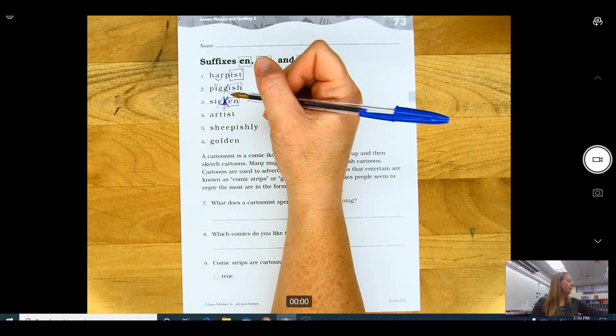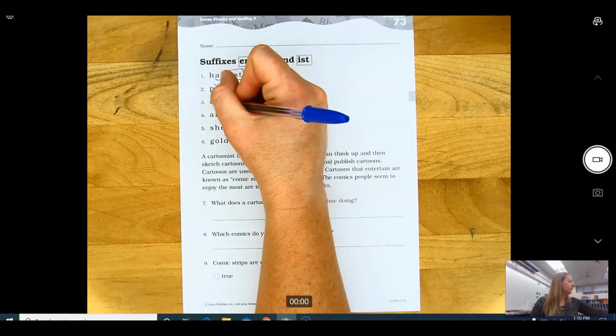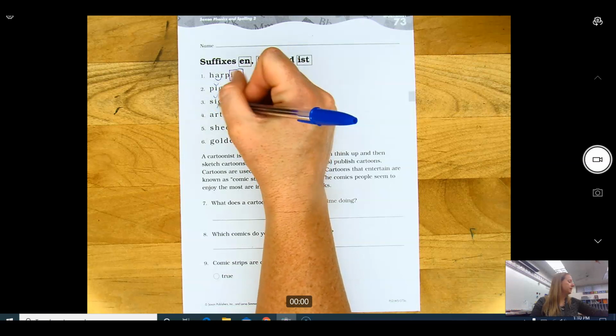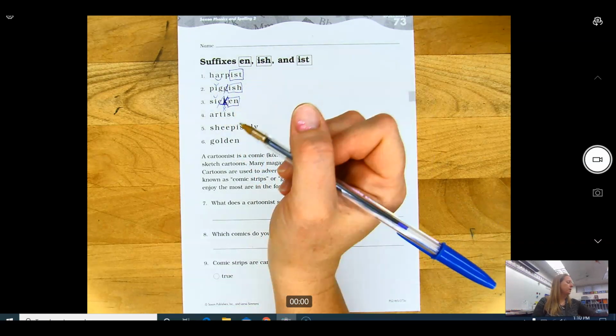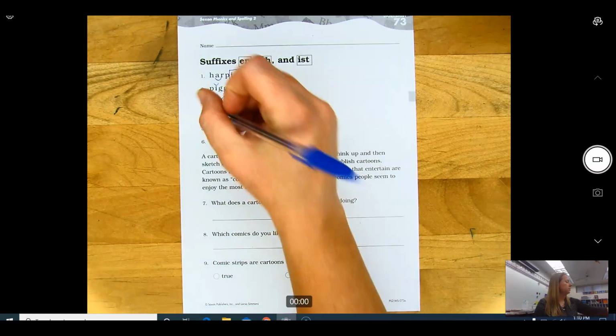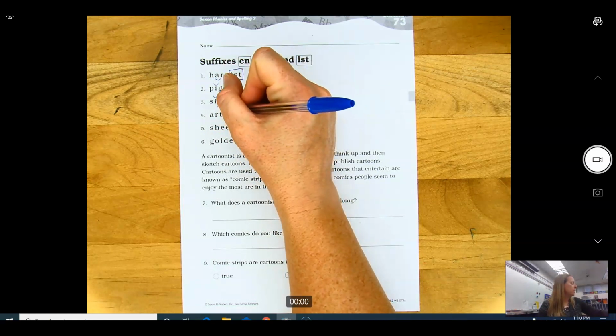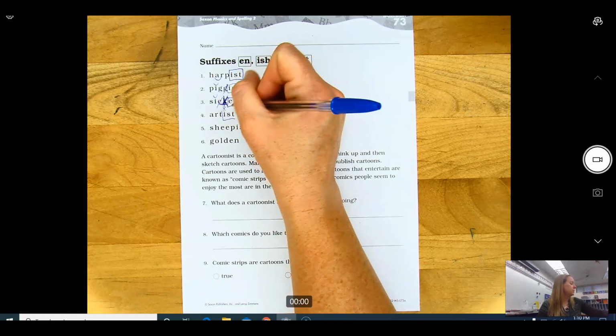Anyways, my vowel is followed by a consonant. Code it with a breve. Sicken. Okay, so if you're sicken, you're feeling sick. You're made to be sick. Something made you sick.